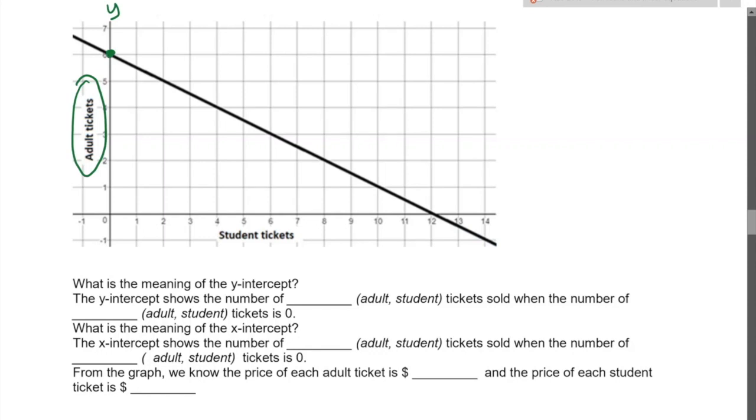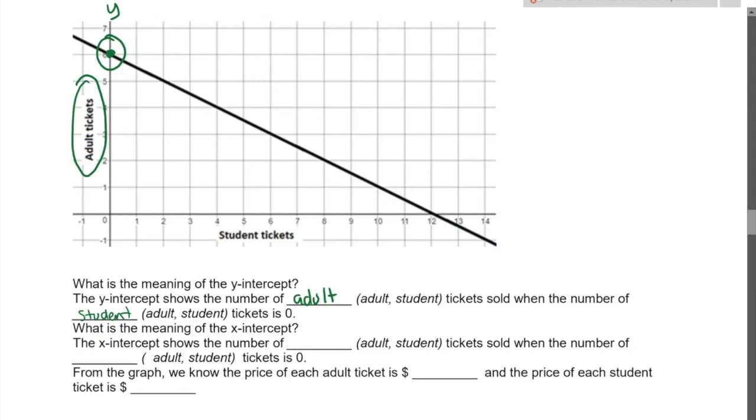So the y-intercept shows the number of adult tickets sold when the number of blank, either adult or student tickets, is 0. So this point right here is 6 and what? It's 6 and 0. So how many student tickets are sold? 0, but 6 adult tickets. So this answer is students.